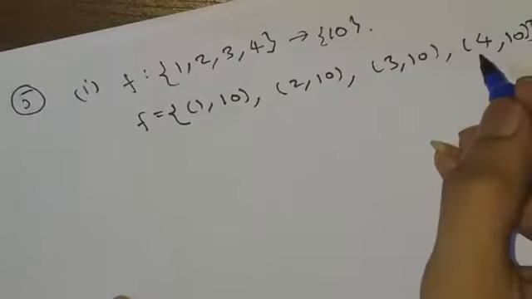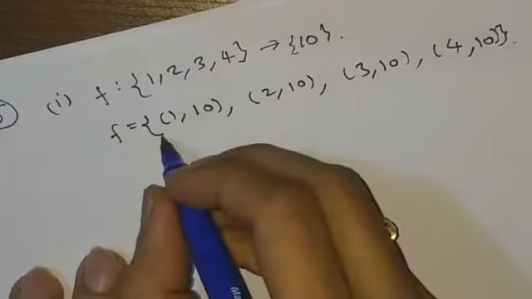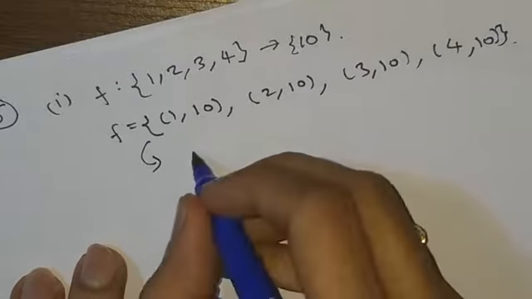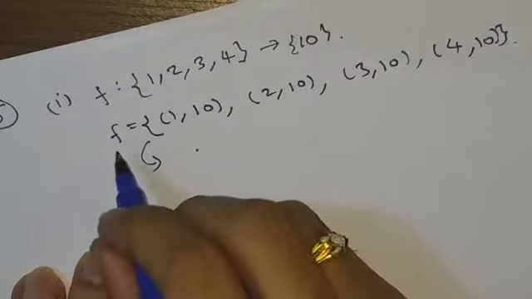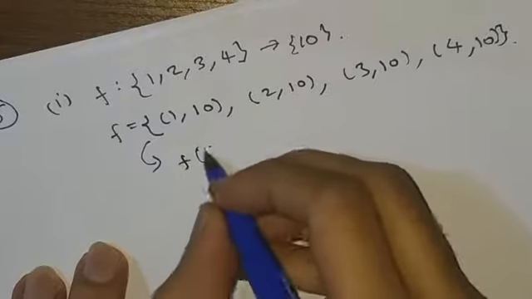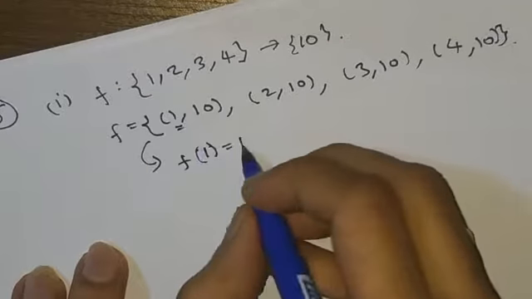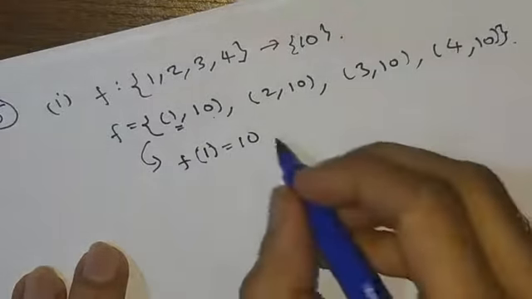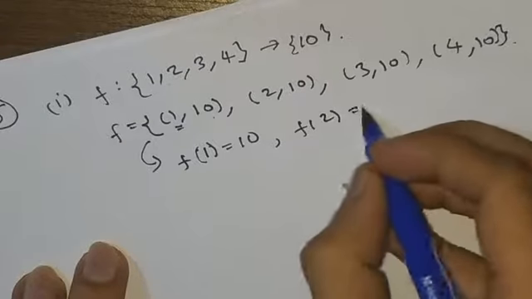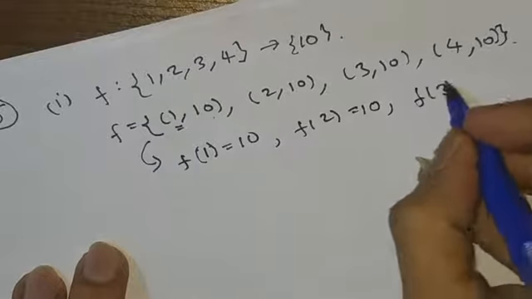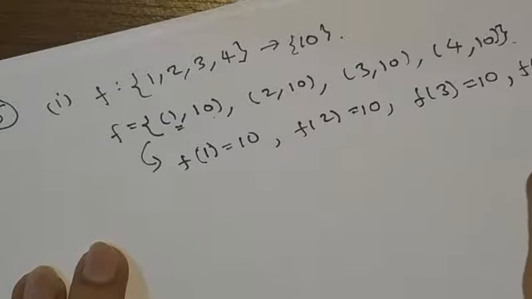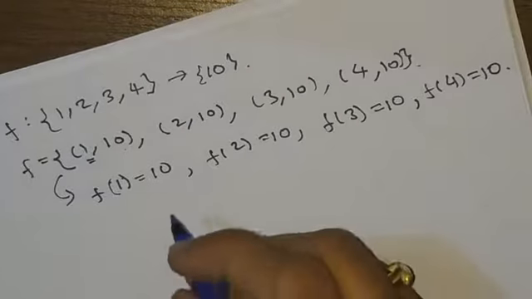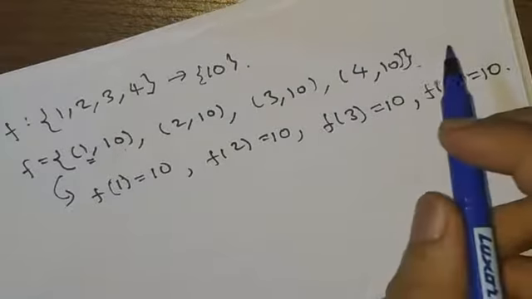Okay, so you know that the standard way of writing this function is what? See, ordered pair (1, 10) belongs to the set f, means f of 1 is equal to the second element 10. Okay, similarly f of 2 will be equal to 10, f of 3 will be equal to 10, and f of 4 will be equal to 10. Okay, so this is what you have.